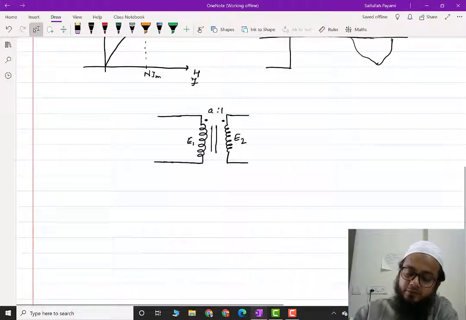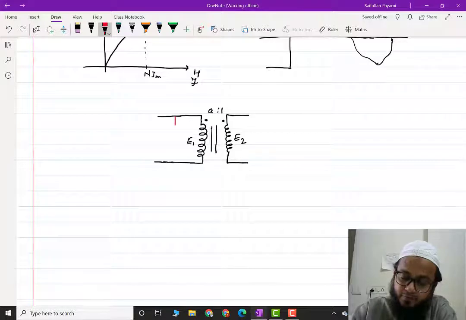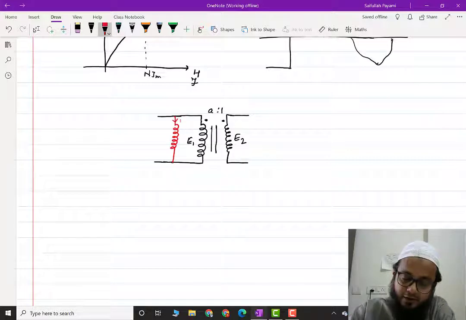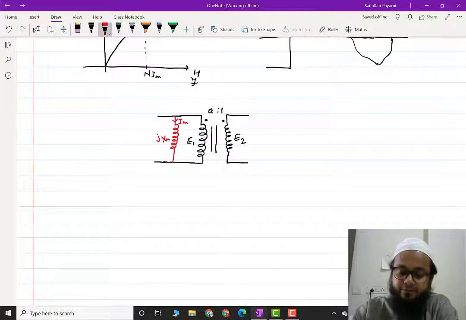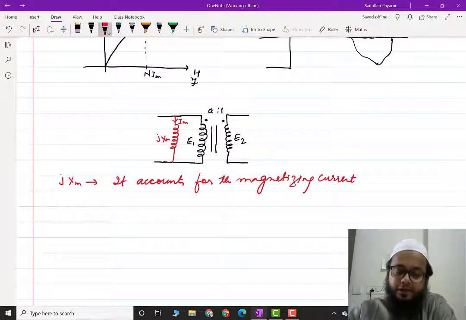So we'll modify the equivalent circuit diagram of the ideal transformer by adding an inductor to it, and this will draw a current Im here, and it will have the reactance jXm. It accounts for the magnetizing current.